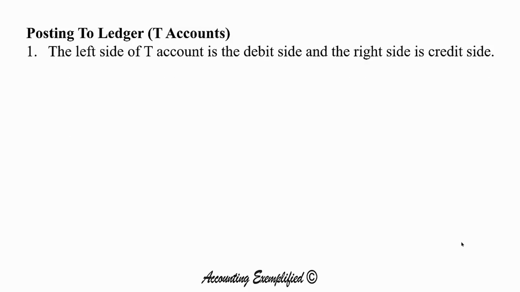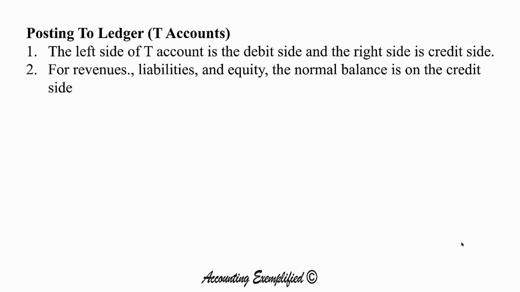Next we see the ledger accounts. So now, how do we post into the ledger account and what are ledger accounts? Ledger accounts, the textbooks also call them T accounts. The left side of the T account is the debit side and the right side of the T is the credit side.